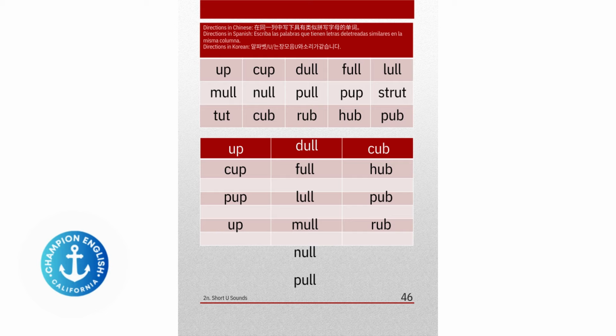In the third column, we have cub, and we're going to say hub, pub, and rub. Can you go ahead and practice each of those words 3 times with a partner?